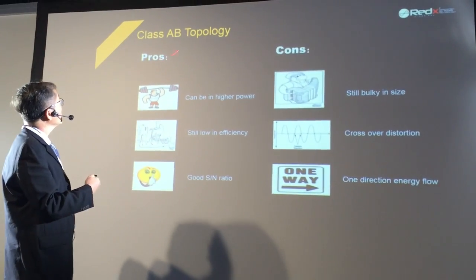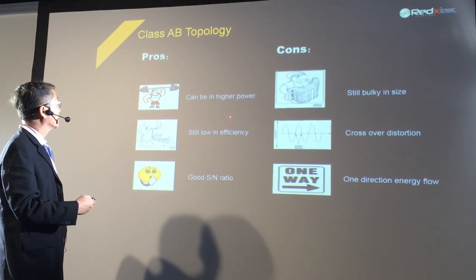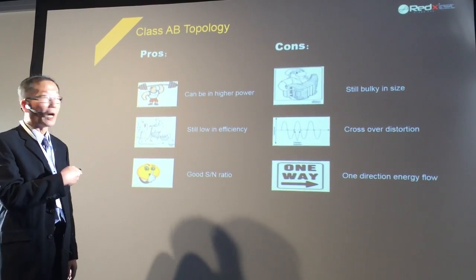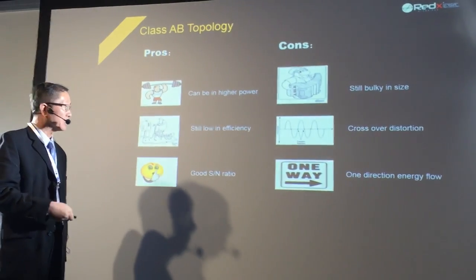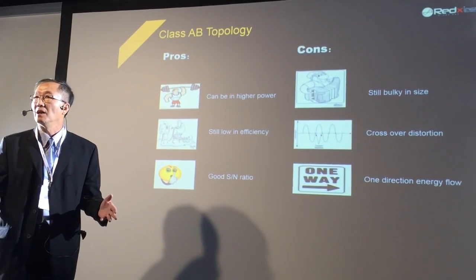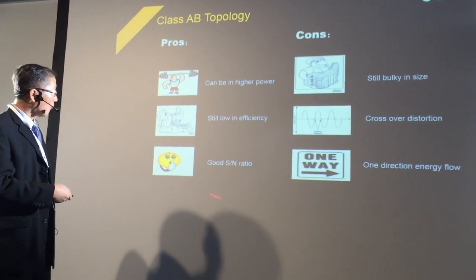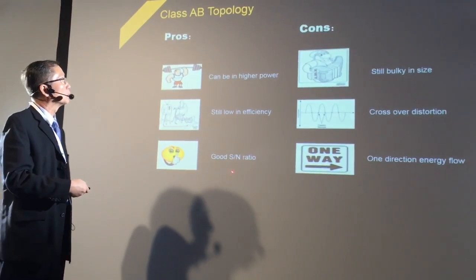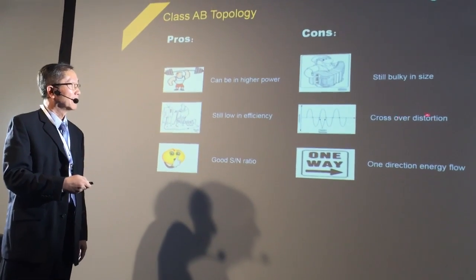Then we take a look at the Class AB topology. Class AB offers higher power, but still very low efficiency. You see the big heat sink and fans, and it is normally pretty heavy. It offers a good signal to noise ratio, but it is still big in size.